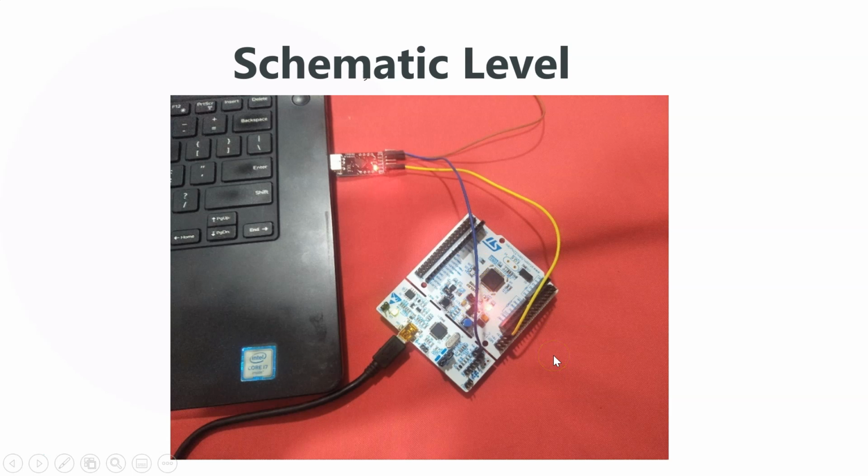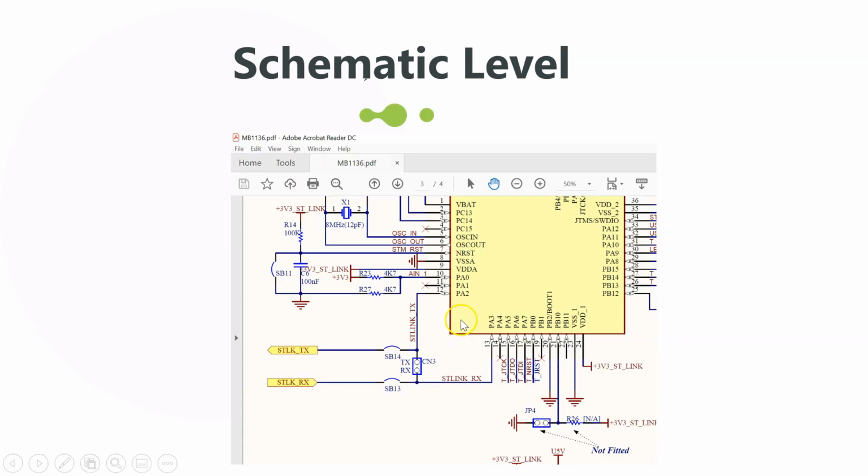Moving on, you can see here the schematic of the STM32F401. You can see here the TX and the RX, on port A, specifically PA2 and PA3. PA2 is the TX, and it's also, interestingly, connected to ST-Link TX, which is the programmer part of the board.